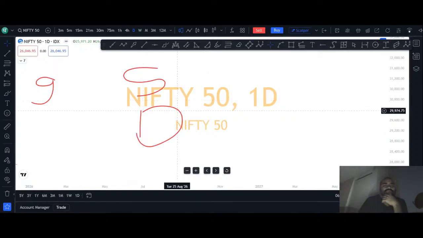This is a very advanced technique. If we follow this technique, there is no need to follow indicators and all, because I have been following this for the last one and a half years. See, I will show here.